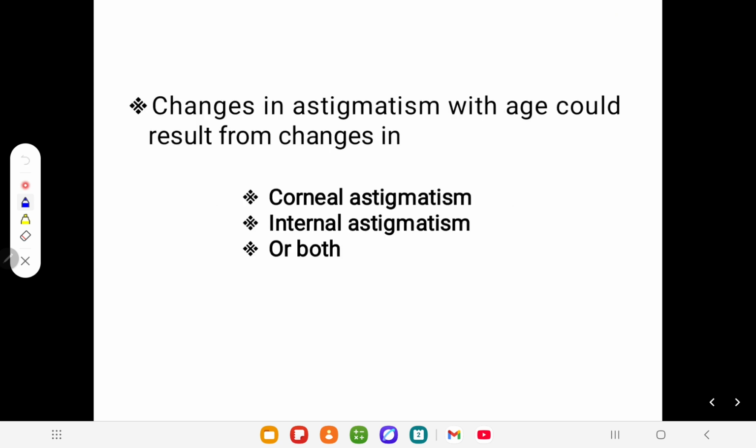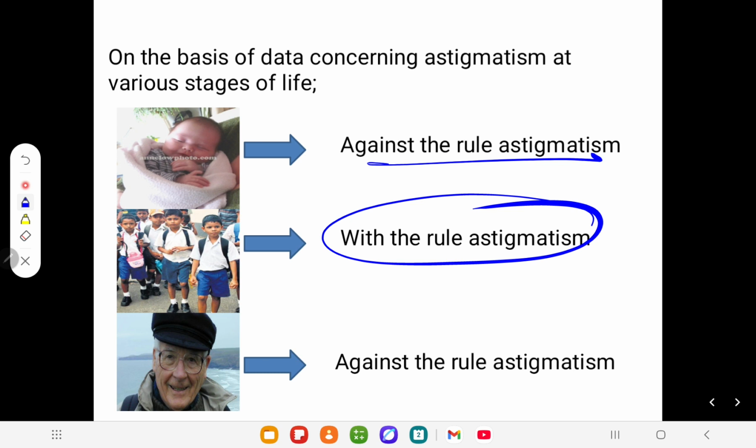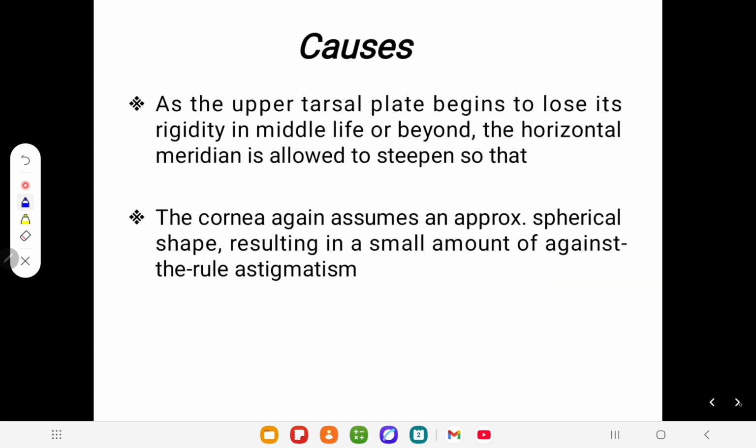Change in astigmatism with age could result from corneal astigmatism, internal astigmatism, or both. We have already discussed this. Against the rule astigmatism at birth, with the rule astigmatism in youth because of lid tonus, and against the rule astigmatism again in older patients.